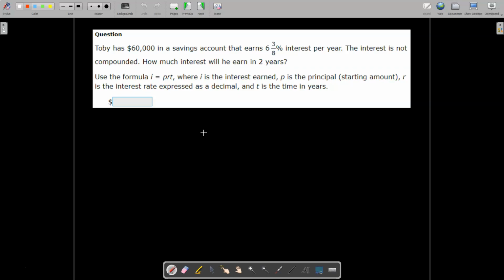So let's go ahead and get our formula here: interest is equal to principal times the rate times time. So they do want to know what is interest, so we are solving for I. The principal, the starting amount, is 60,000.